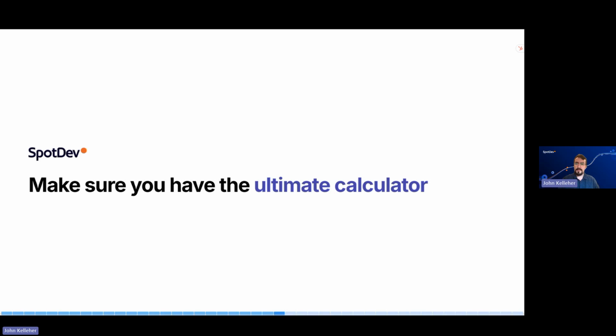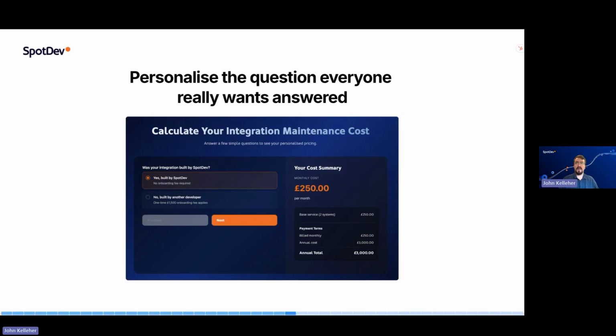Maybe that pushback is coming in from your executive layer of the business. But that ultimate calculator is the pricing calculator.